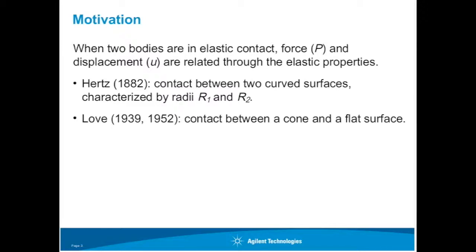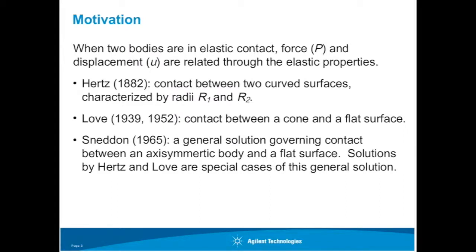And in 1939, Love published an analogous solution for a cone contacting a flat surface. Then in 1965, Sneddon published a general solution governing contact between any axisymmetric body and a flat surface. And it turns out that the solutions by Hertz and Love are actually special cases of Sneddon's more general solution.